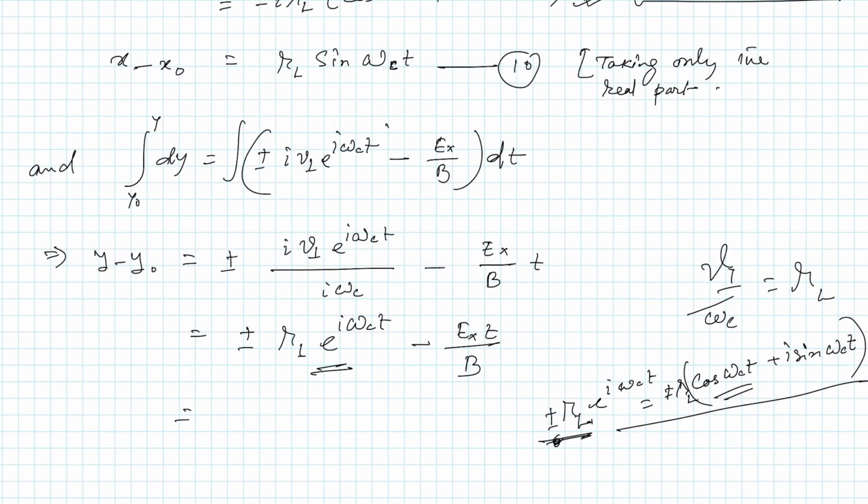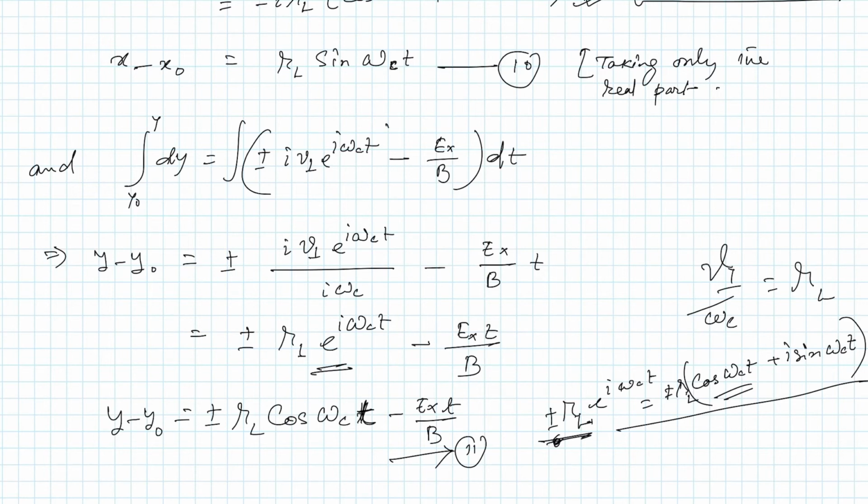So we will have plus minus RL cos omega c t minus E x t by B. This is equation number 11, y minus y naught.